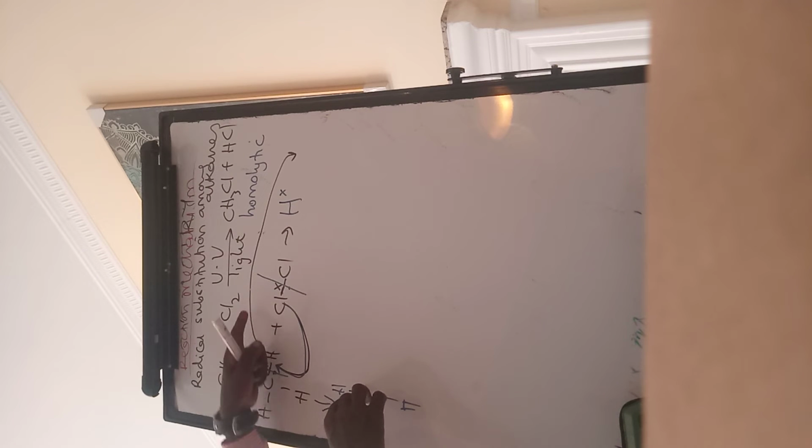Then the bond again breaks here covalently, and the leaving species also comes with its own electron. So that I have at the end of the day CH3, with this one left with its own electron, and this one remains with its own electron.